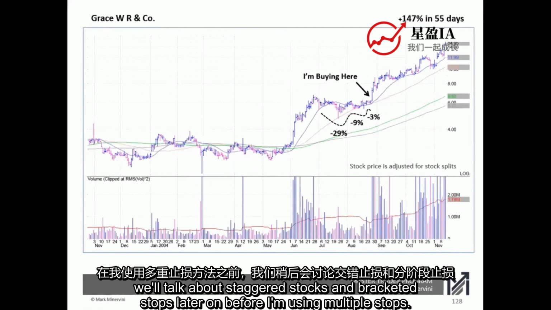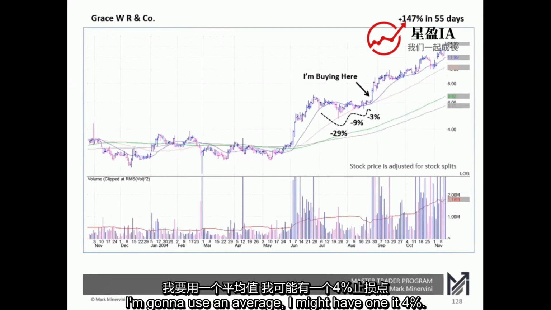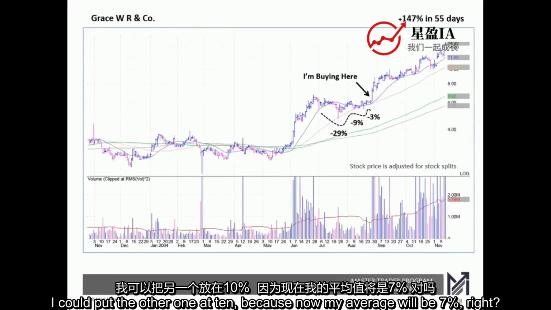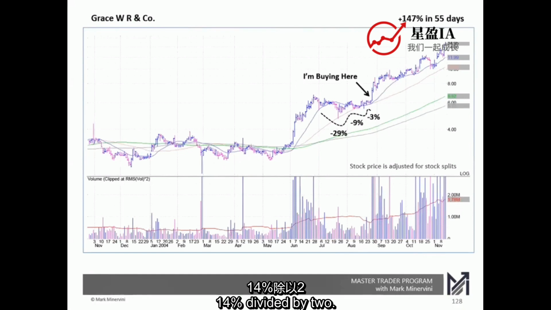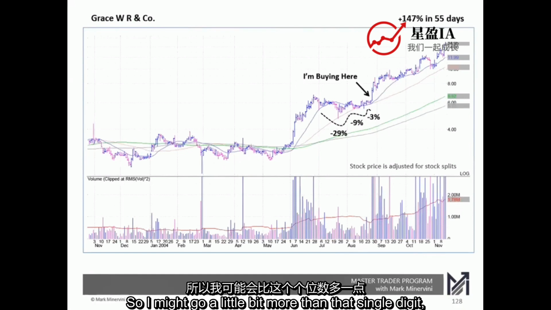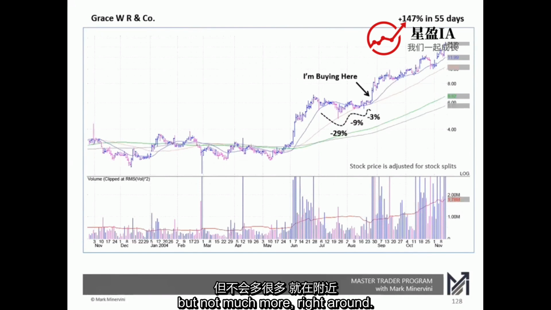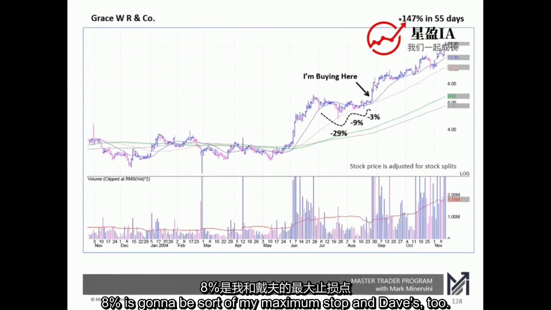But if I'm using multiple stops and I'm going to use an average, I might have one at 4%, and I could put the other one at 10 because now my average will be 14%. My average will be 7%, right? 14% divided by 2. So I might go a little bit more than that single digit, but not much more. Right around 8% is going to be sort of my maximum stop, and Dave's too.